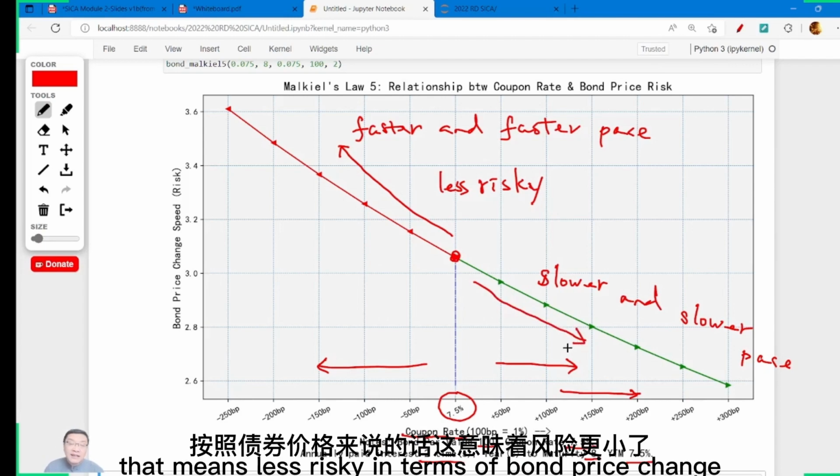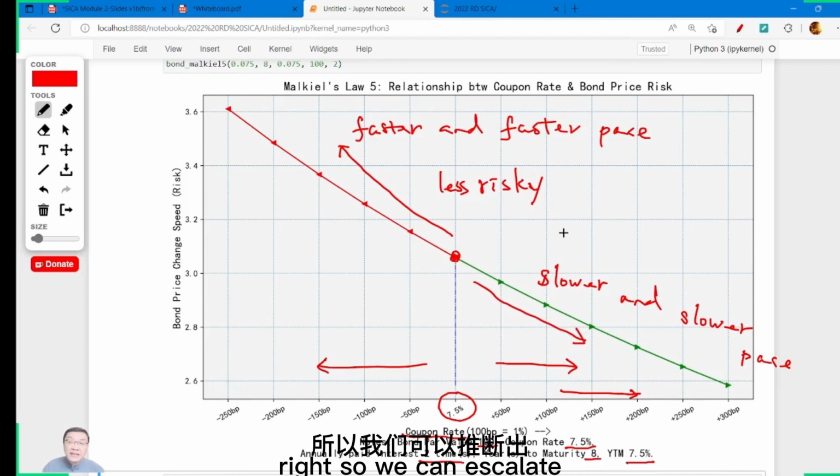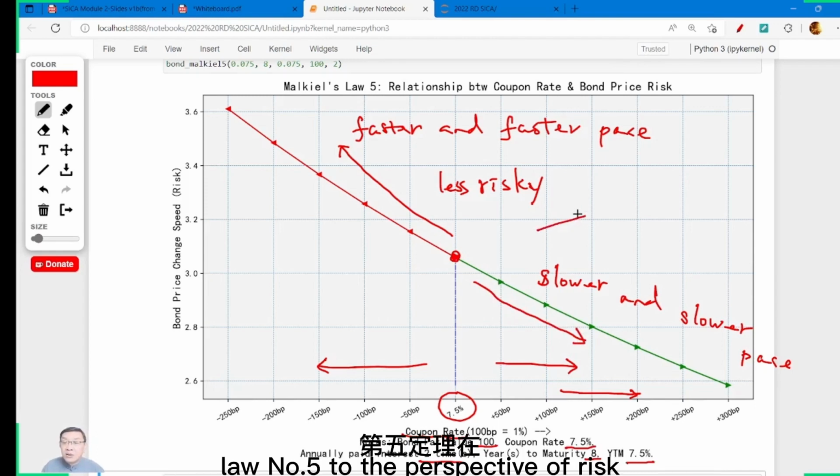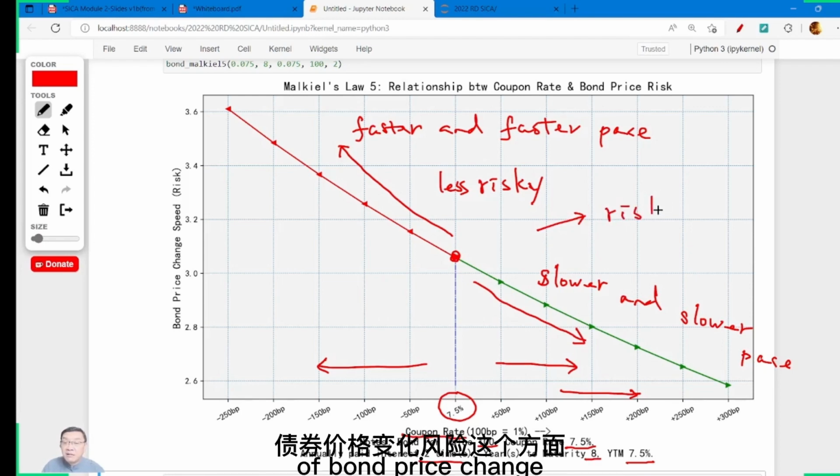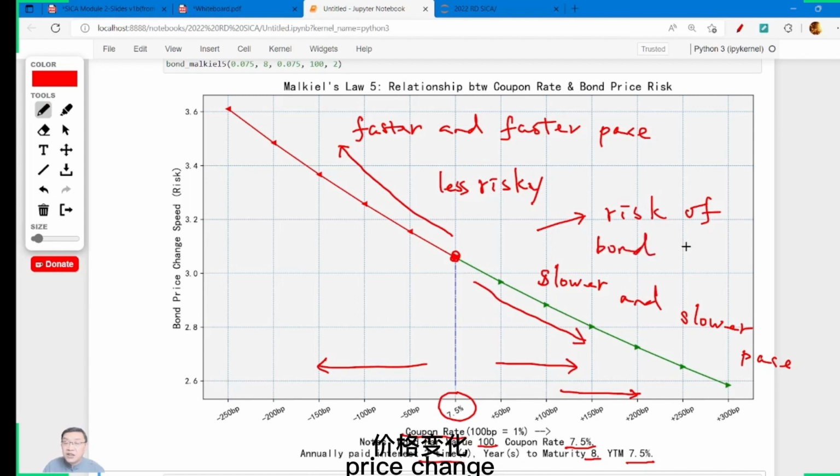That means less risky in terms of bond price change, right? So we can escalate law number 5 to the perspective of risk of bond price change.